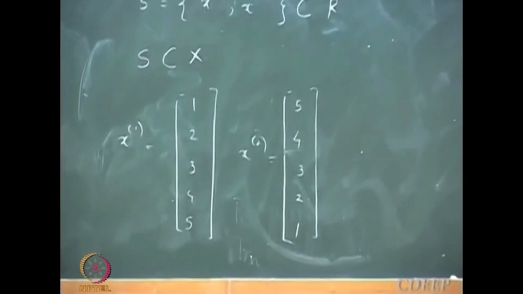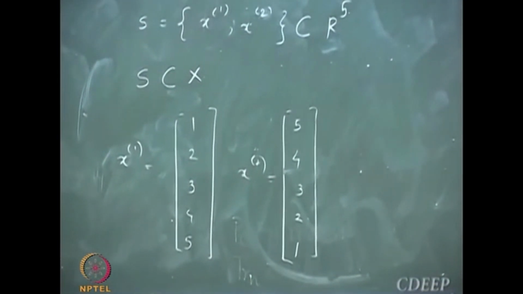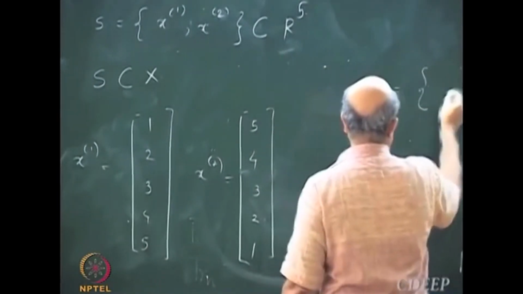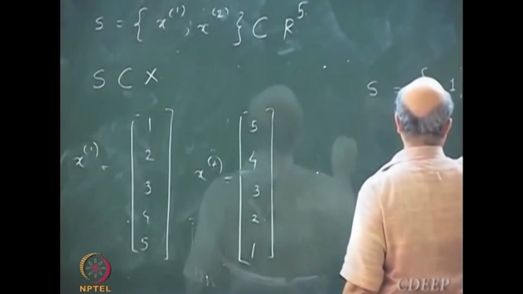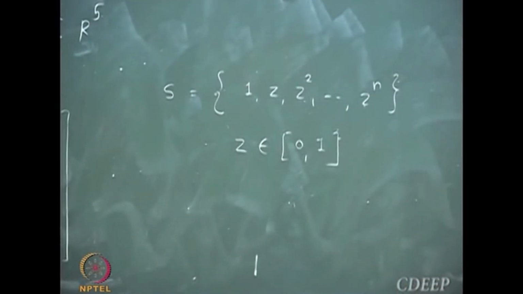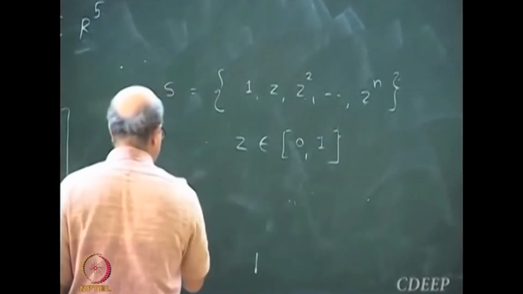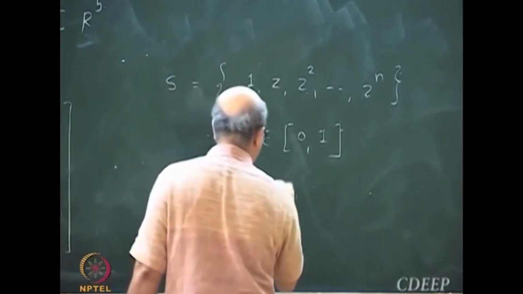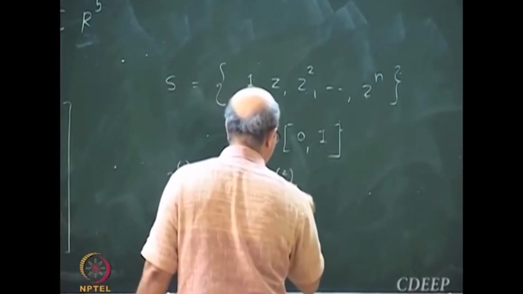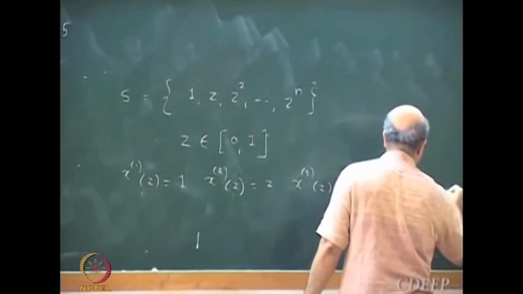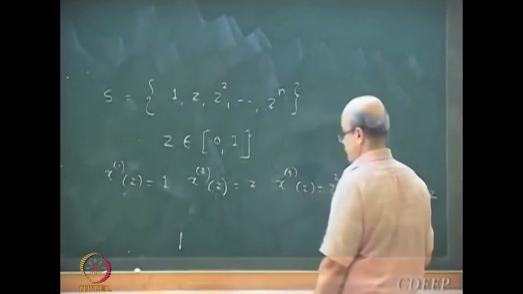In some cases, I would define a set S to be a set of polynomials. So my first vector here, x1(z) is 1, x2(z) and so on.